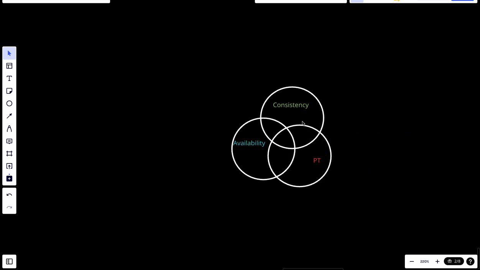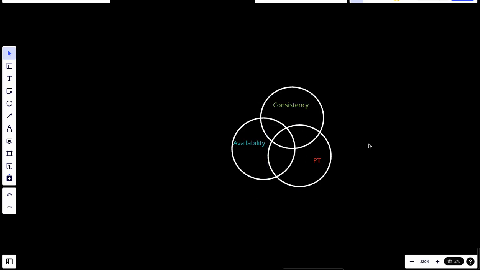So basically, we have these three: consistency, availability, and partition tolerance. And we can't provide all three of them.